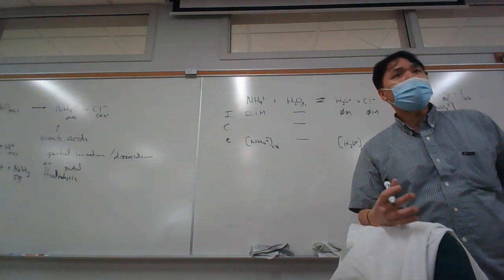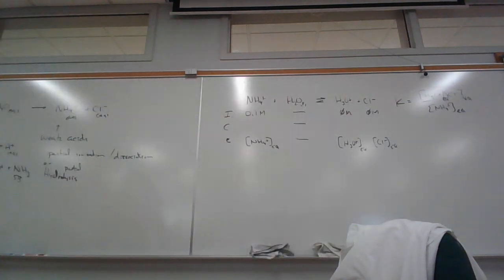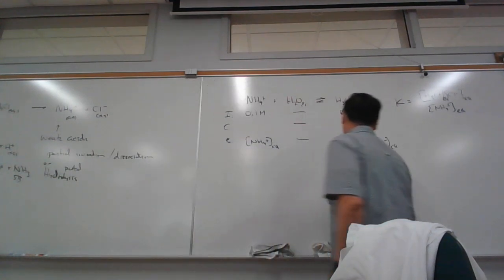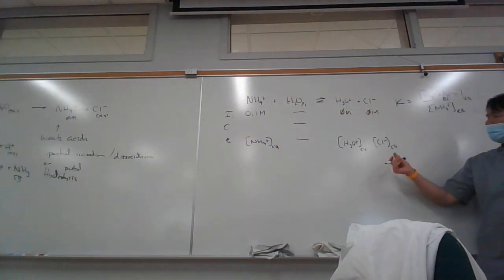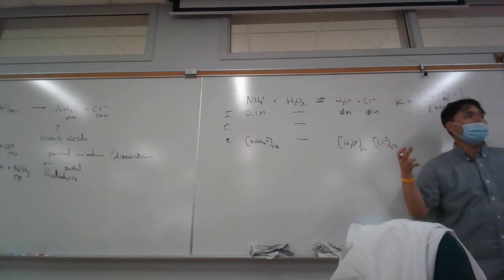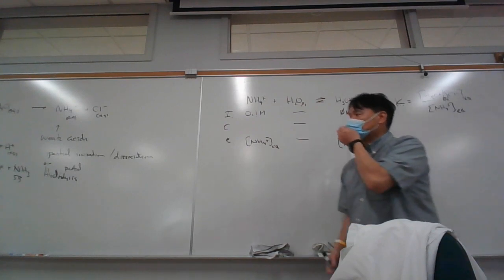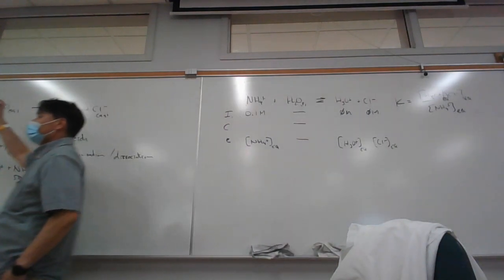How are we going to measure K? The way we're going to measure K is by measuring these. If we measure these and then plug them into the equation, we can calculate K. And so how can we measure the ammonium? For example, I know how much I put in there initially.